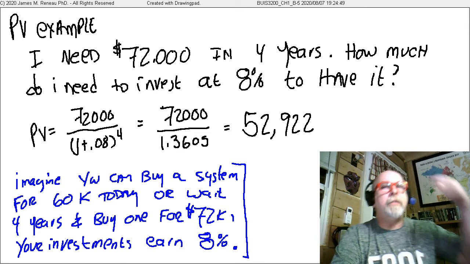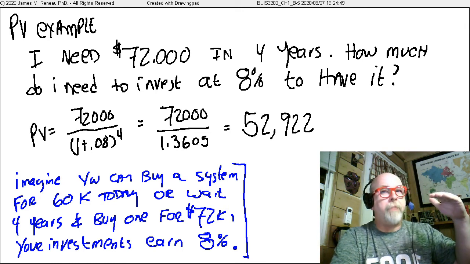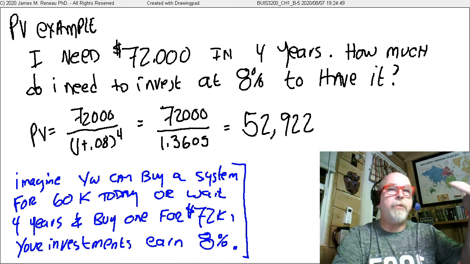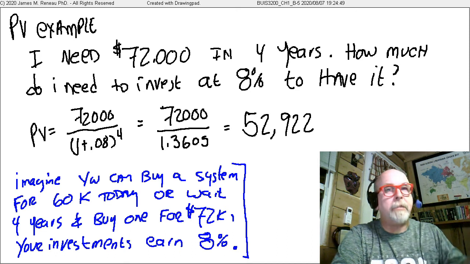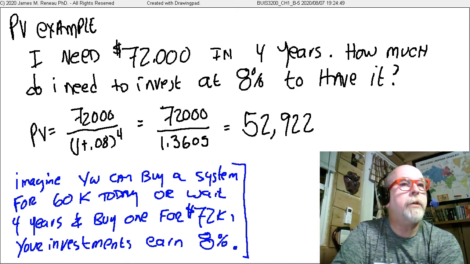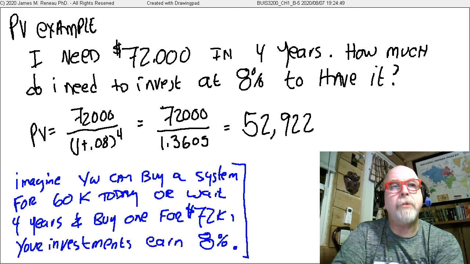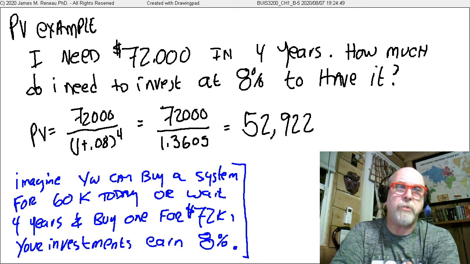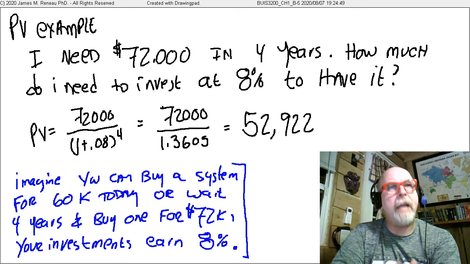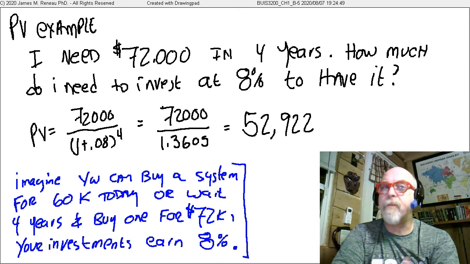We take 72,000 divided by 1 plus 0.08 to the fourth power, which would then be 72,000 divided by 1.360, which would give me approximately $53,000. So if I put $53,000 into an investment today and let it ride at 8%, which is a pretty good interest rate, and leave it there for 4 full years, then I'll have $72,000 in 4 years.